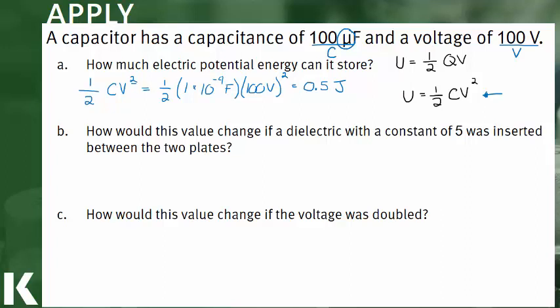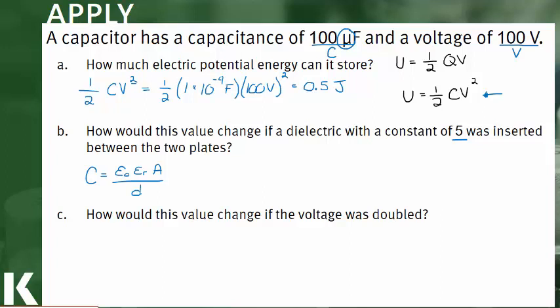Part B asks, how would this value change if a dielectric with a constant of 5 was inserted between our two plates? Now here we need to come back to our capacitance equation. The capacitance of a capacitor is our constant times the dielectric constant times the area over the distance.